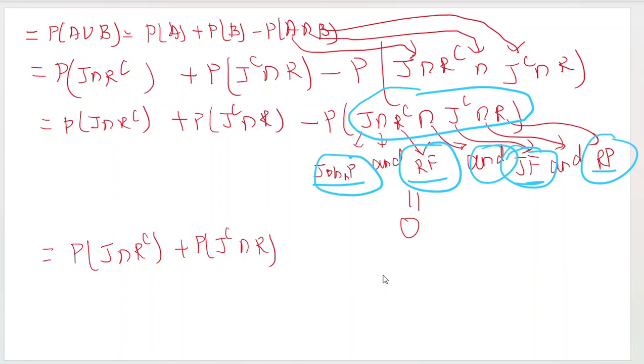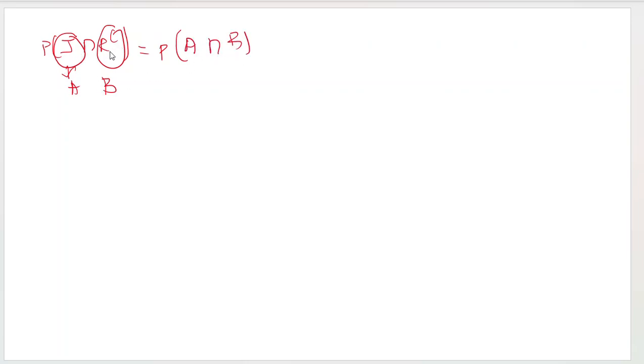Now our goal is to find these two probabilities, so we take each of them. First, we target probability of J intersection R complement. Since this is like there is some first set A and there is some set B, this is like P of A intersection B. Now this is J and this is R complement.